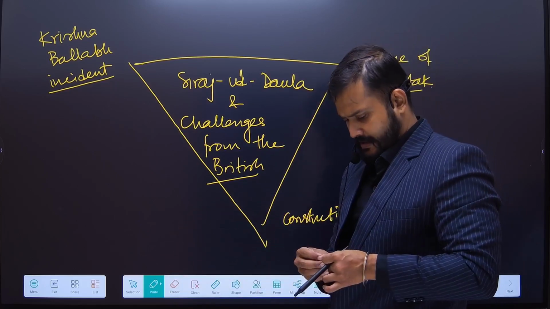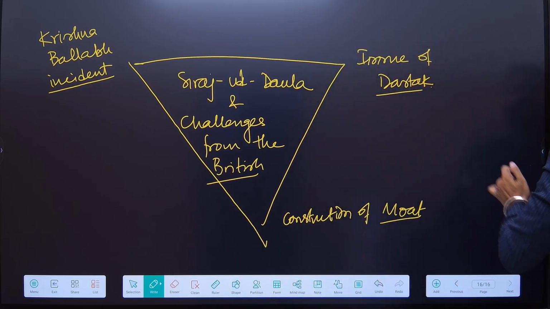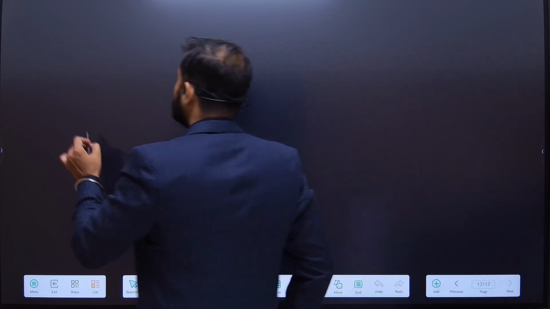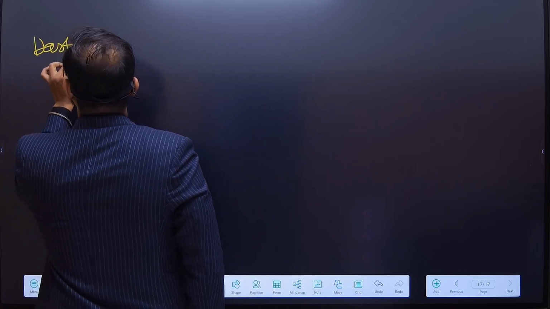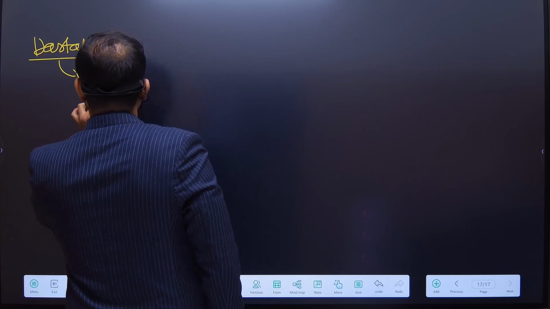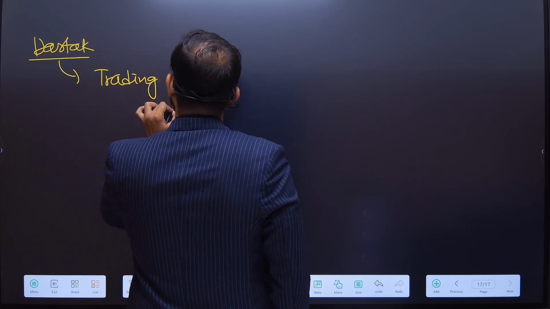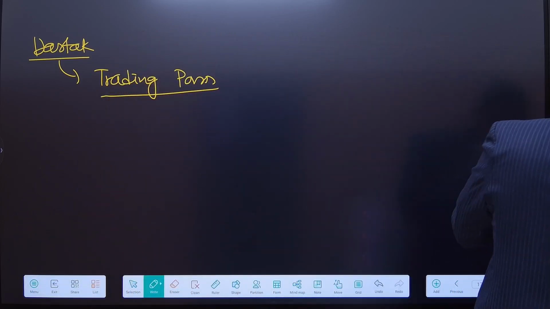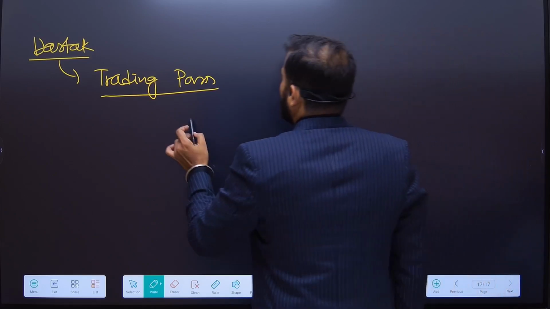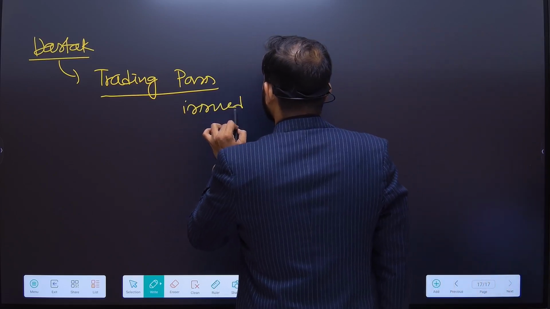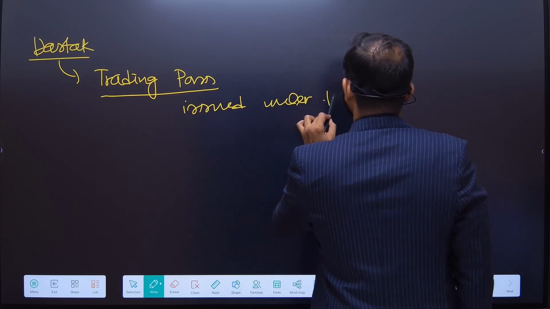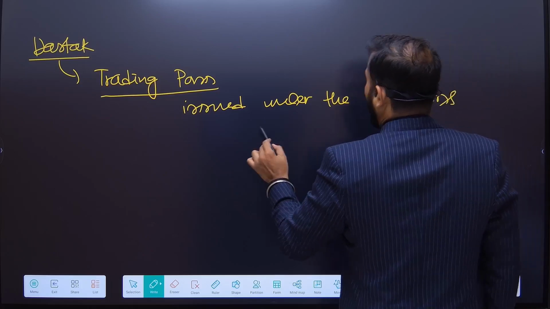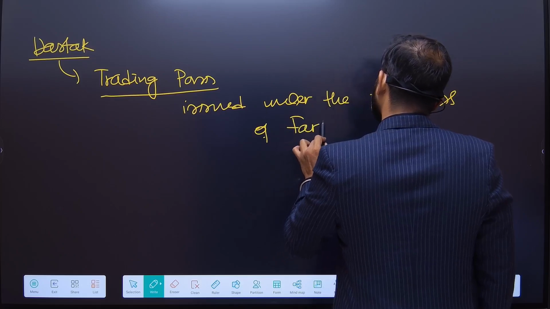Write down. Dastak refers to a trading pass that was issued under the provisions of Farooq Siyar Farman.